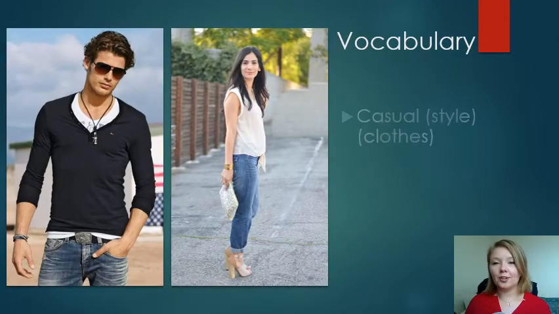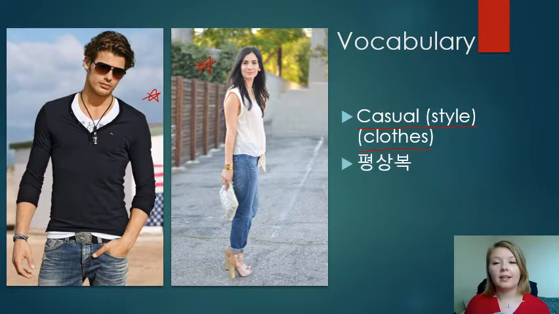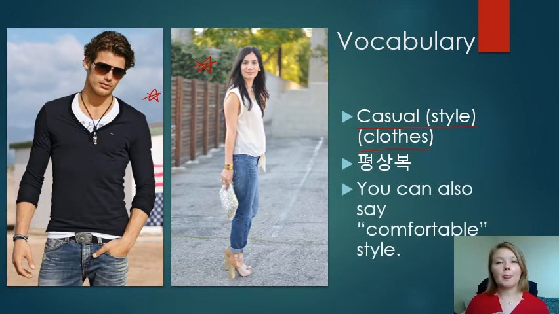Our next term is casual. Casual. So remember, we could say casual style or casual clothes. In both of these pictures, we see a man and a woman wearing casual clothes. And there's our definition. You could also say comfortable style.